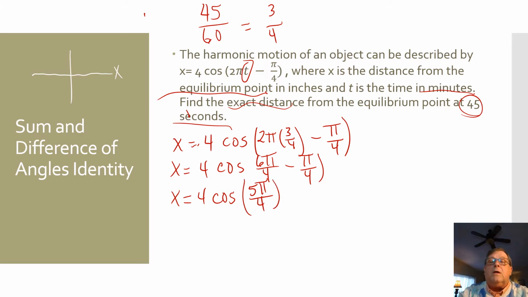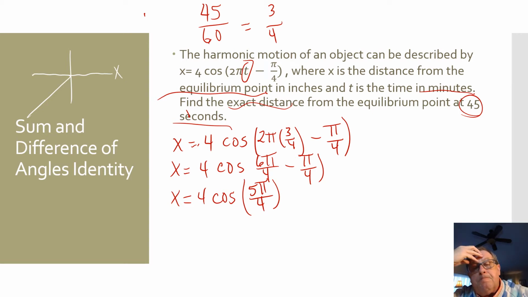This is interesting, really, that it's in the sum and difference of angles identity, because I kind of know where 5 pi over 4 is. 5 pi over 4 lies in the third quadrant down here, so my cosine is going to be negative, but we're really just looking from above or below the equilibrium point. Do I know what the cosine of 5 pi over 4 is?